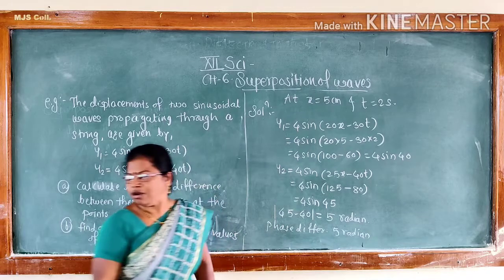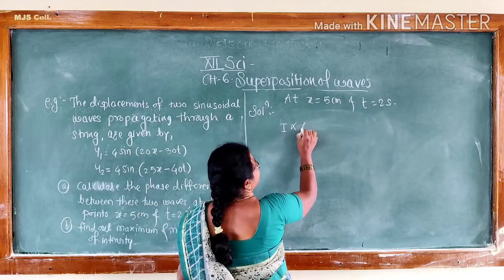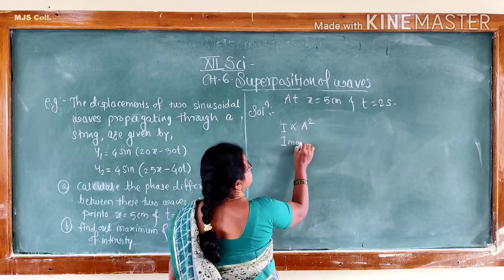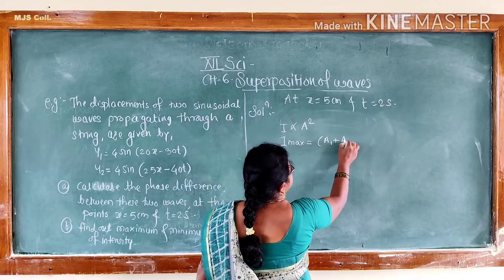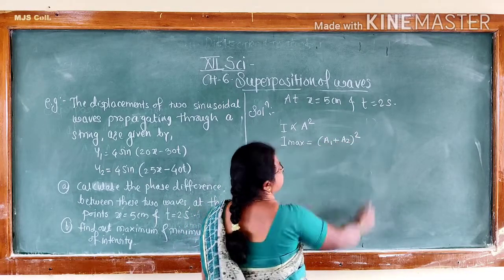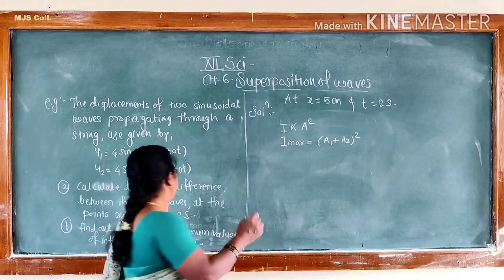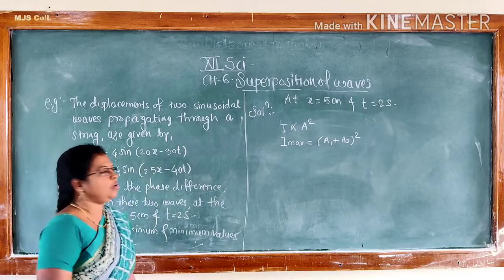Then next one, that is intensities. What is the value of intensities? Intensity is directly proportional to amplitude square. When it is maximum, intensity maximum is equal to A1 plus A2 bracket square, where here A1 is equal to 4 and A2 is also equal to 4.